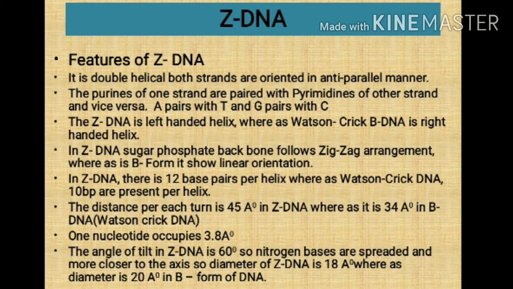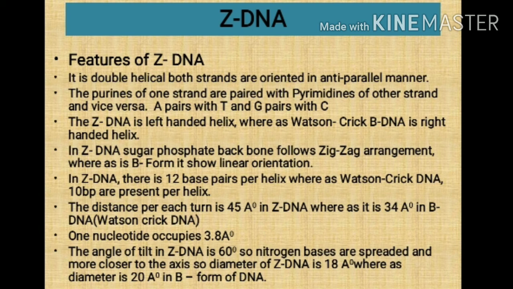zDNA sugar phosphate backbone follows a zigzag arrangement, whereas in B form it shows linear orientation. That's why this DNA is called zigzag DNA or zDNA. zDNA has 12 base pairs per turn, whereas Watson-Crick DNA contains 10 base pairs per helix.